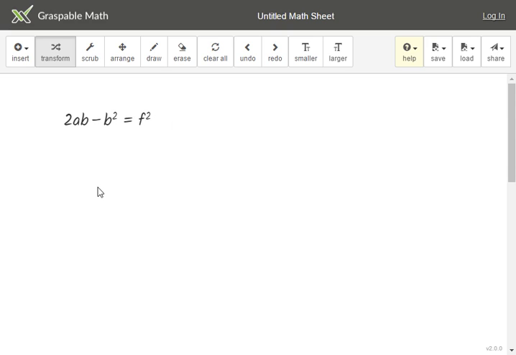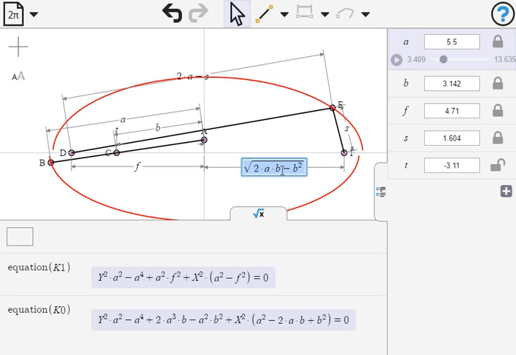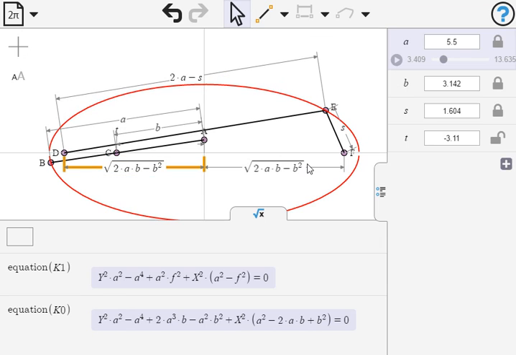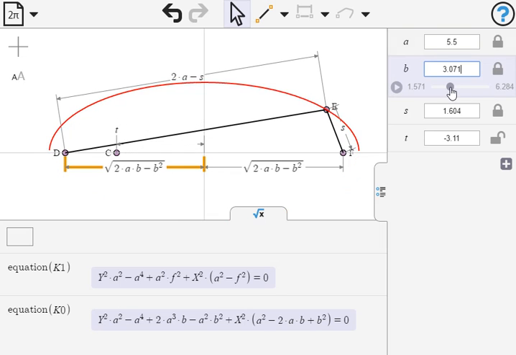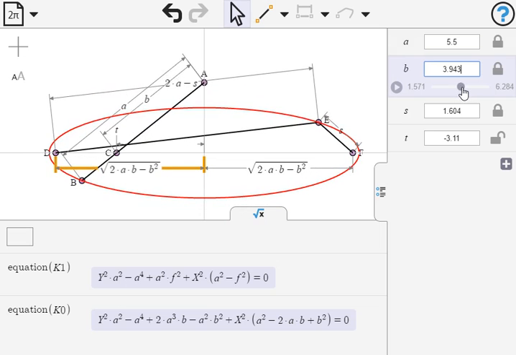So f is the square root of that, and we can go back into our model. And we can see then if we change a and b, we get both ellipses to work together.